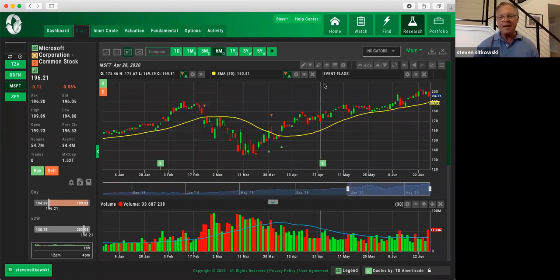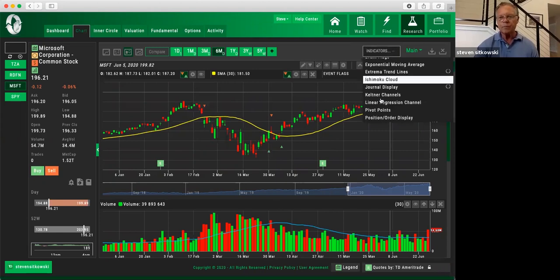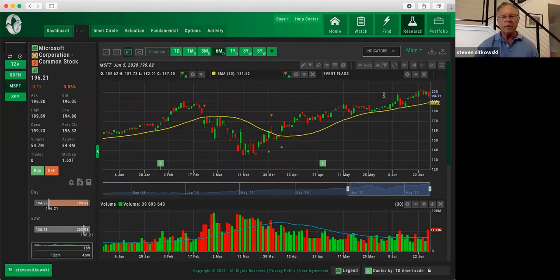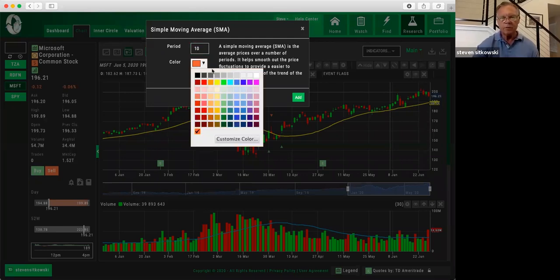I'm going to add another moving average to the chart. Simple moving average. I'm going to throw a 10-day up here. And we'll do an easy color like white and save that.